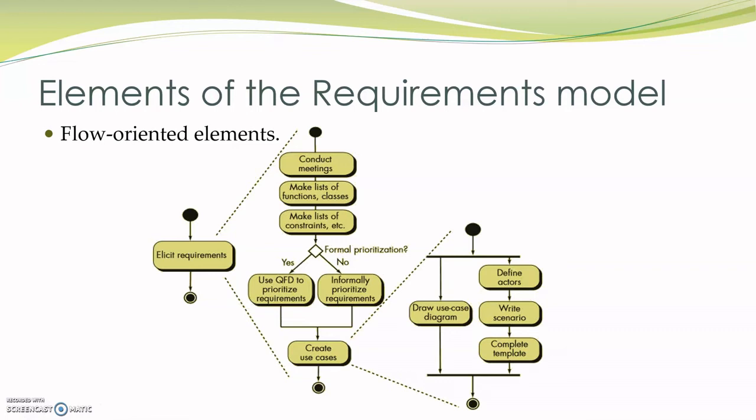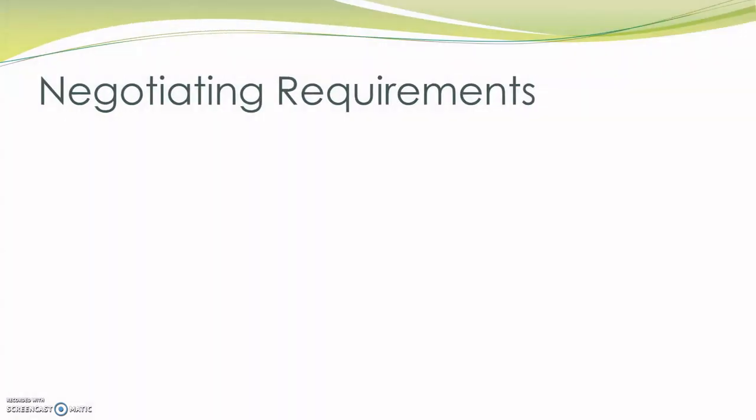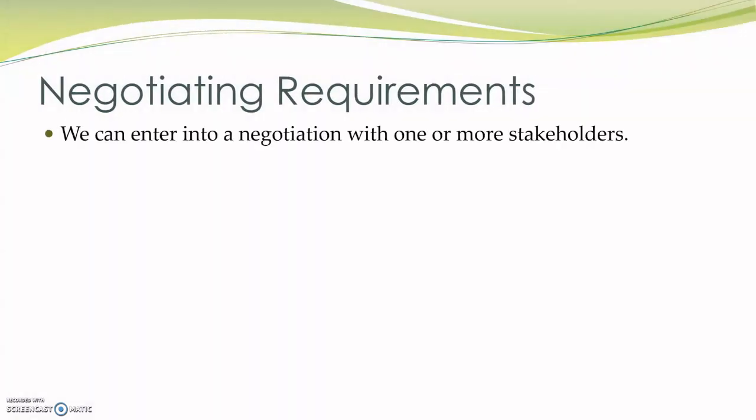Okay. Now we are moving on to our next topic, negotiating requirements. We can enter into a negotiation with one or more stakeholders, right? In the last episode I said there may be many stakeholders, so we can negotiate with more than one. In most cases, stakeholders are asked to balance functionality, performance, and other product or system characteristics against cost and time to market.